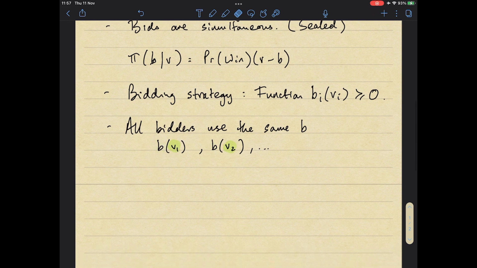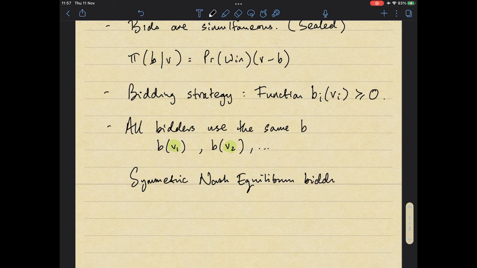So in this sense, what we're looking for is what we would call a symmetric Nash equilibrium bidding function or bidding strategy. And we'll label that B star, okay?